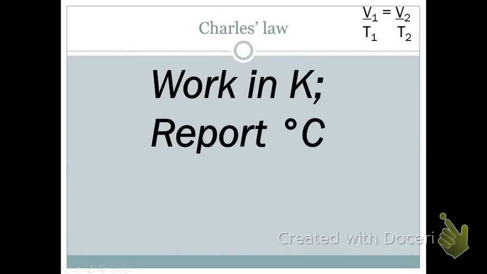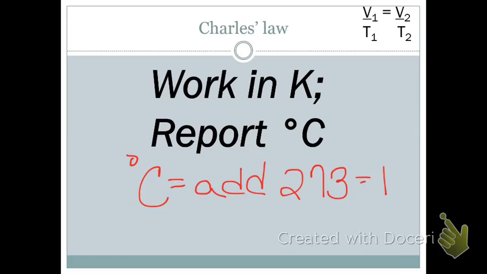So for Charles' Law, the big thing we remember again is to work in K and report in degrees Celsius. When we start the problem, if I give you degrees Celsius, you're going to add 273 in order to change it into Kelvin so you can work the problem.